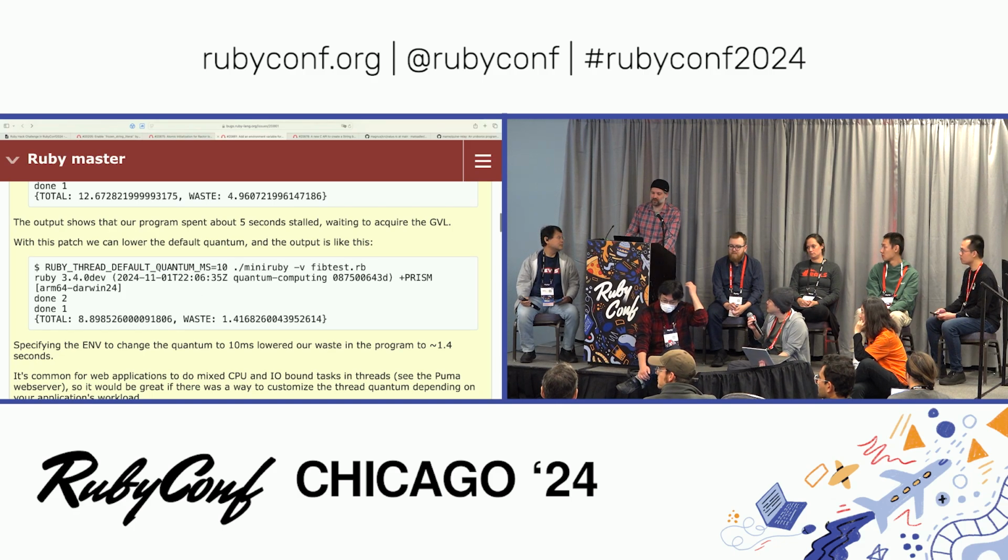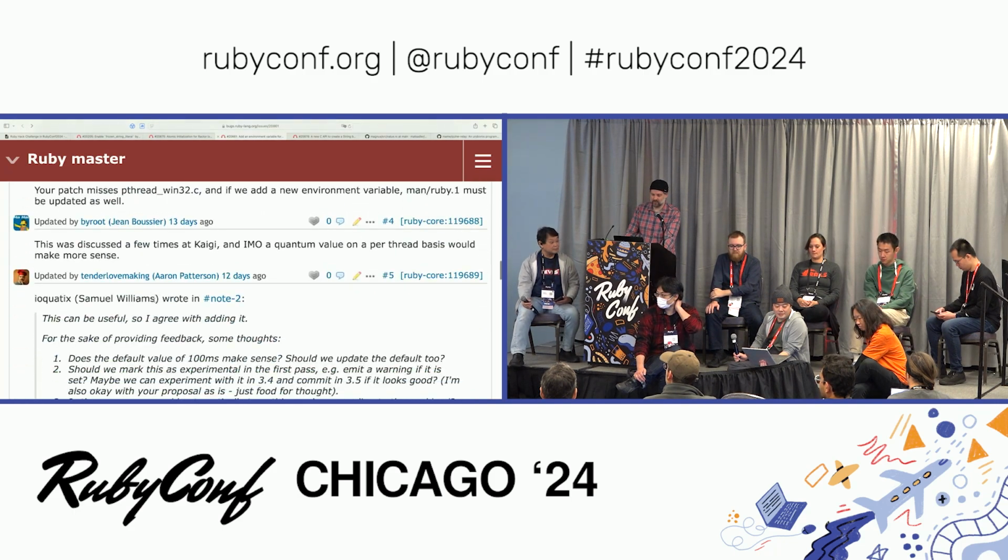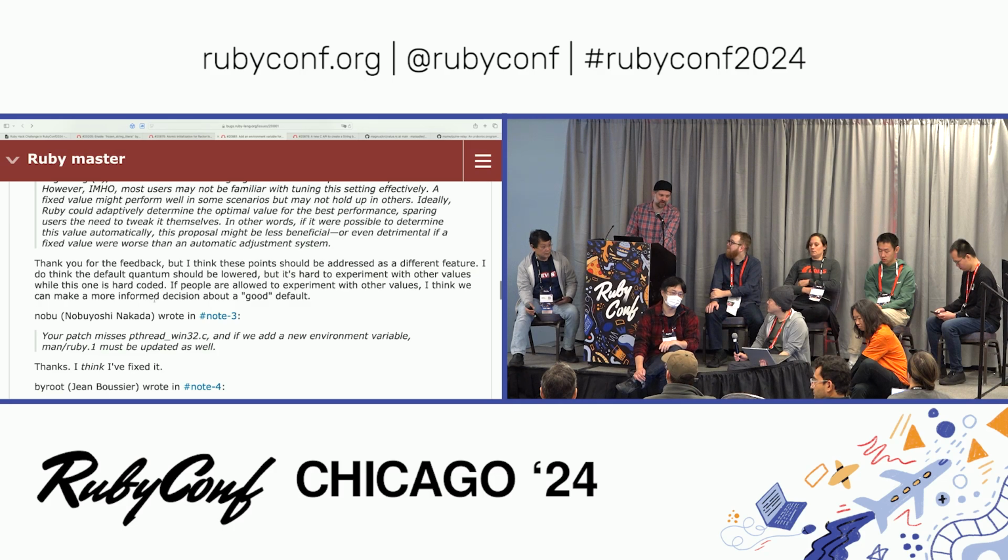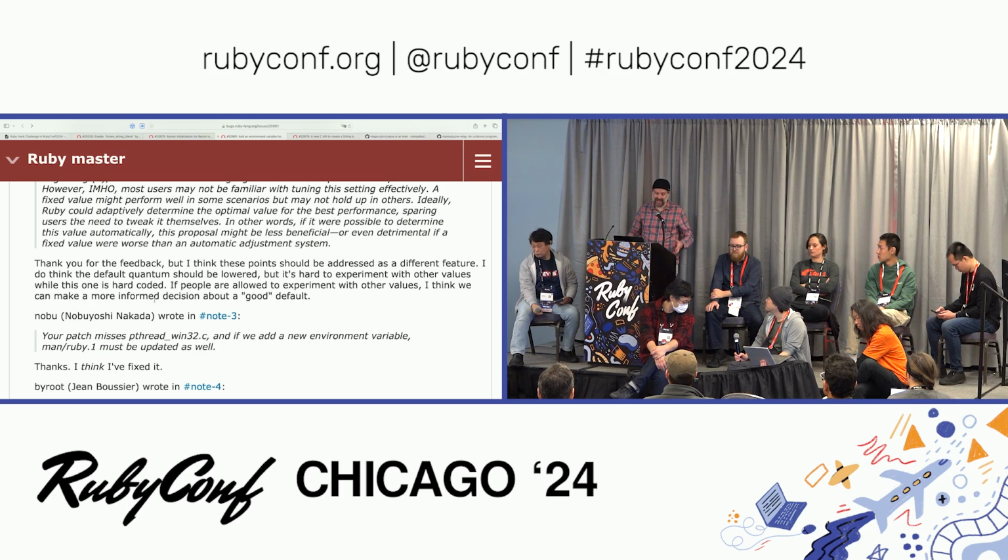The question is, could it be available but 100 by default? That's what this patch is, it doesn't change the default, so it's always the same. That was the idea, we default to 100 and then people can tweak it depending on what their application does. Because the problem is, it depends on what your app is actually doing.